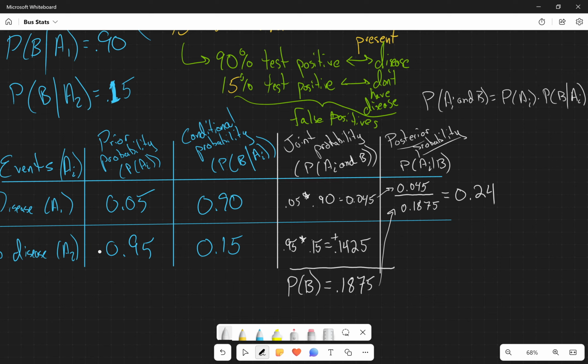And then similarly, we got 0.1425 on the numerator here and 0.1875 on the denominator here. So this gives us 0.76. And these two absolutely add up to 1. So posterior probabilities add up to 1. Conditional probabilities do not.